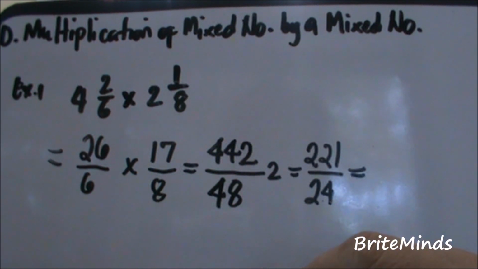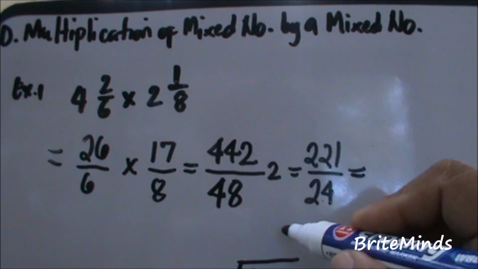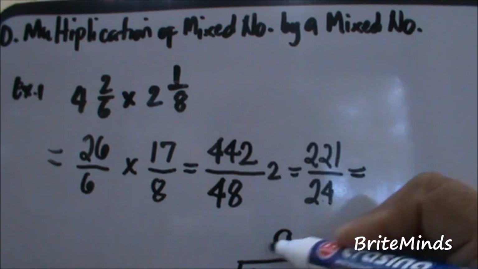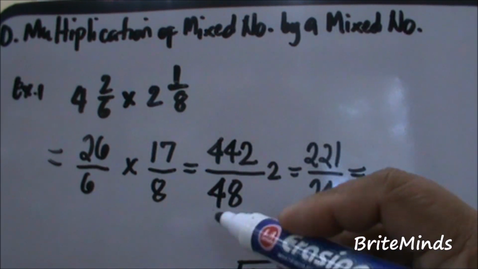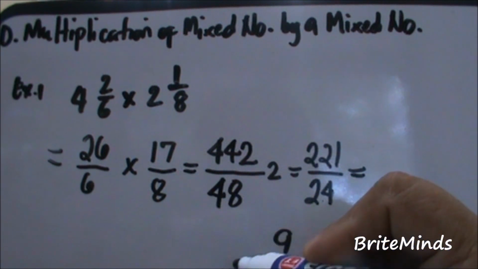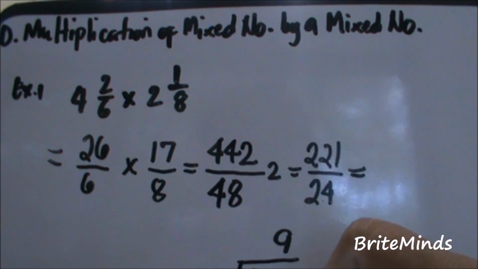How are we going to do it? We do long division. So 221 divided by 24. 9 times 4 is 36. 9 times 2 is 18, 19, 20, 21. So we have 216.